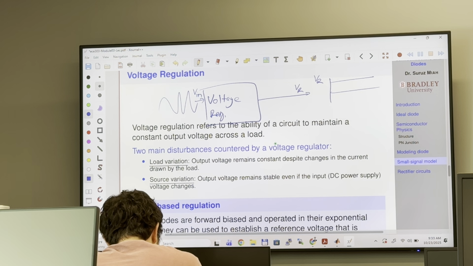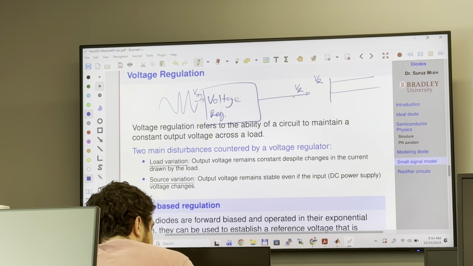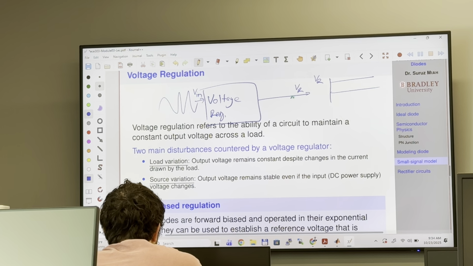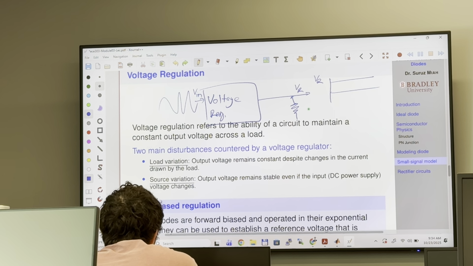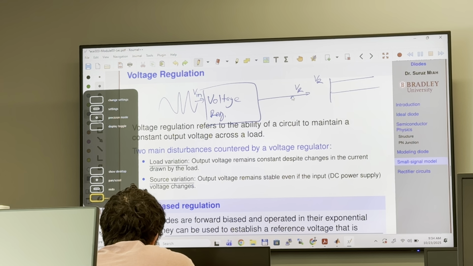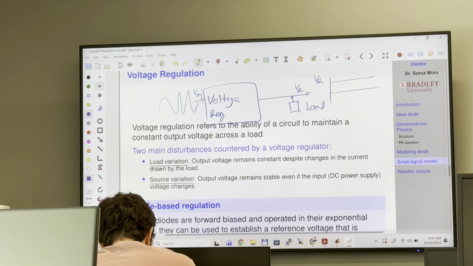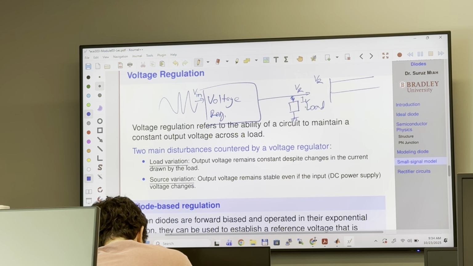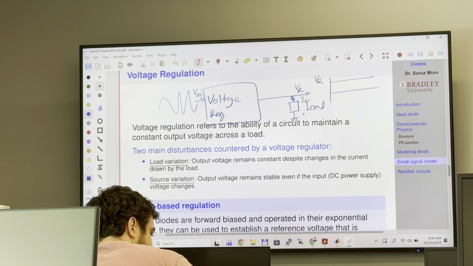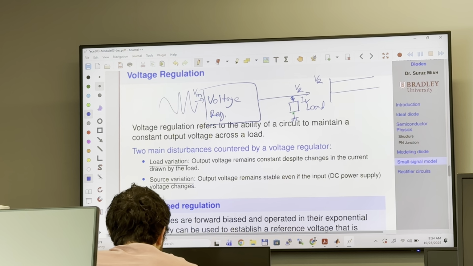Now, in case you have a certain load, and the load can draw different current.